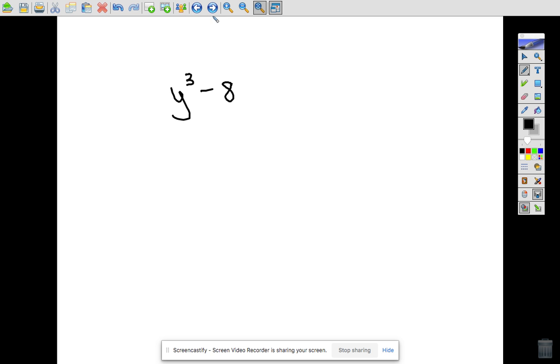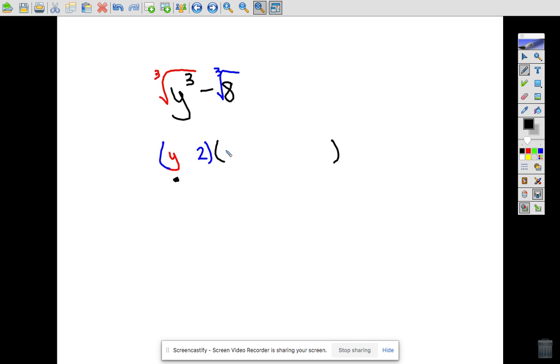All right, let's try another one. Y cubed minus 8. So I'm going to take the cube root of y cubed, y. I'm going to take the cube root of 8. I don't include the sign because the sign is built into my pattern. And then I'm going to use the smiley face to make the rest of my trinomial.